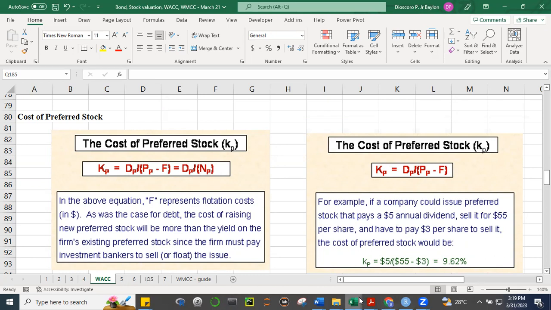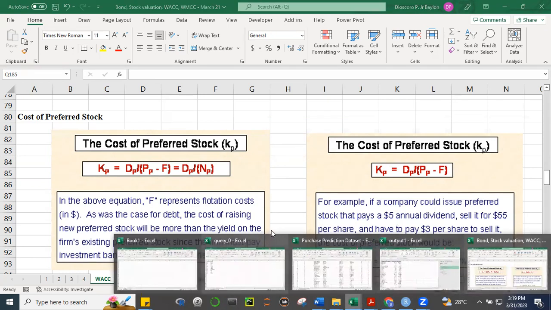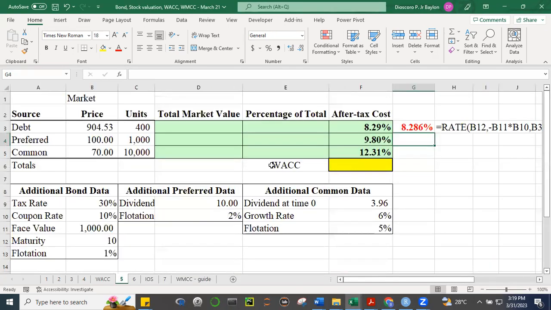Okay, so let's compute for that. So it's equal to the dividend is, right, this one divided by, what's the price? The net price is, okay, how much is the market value?